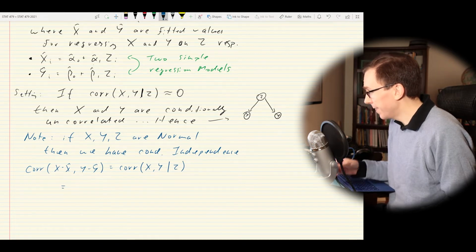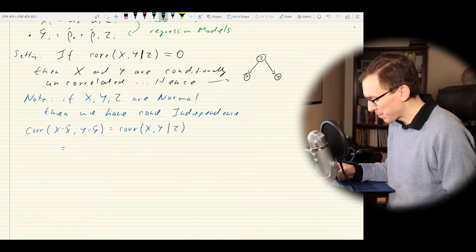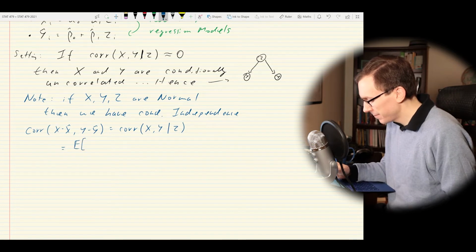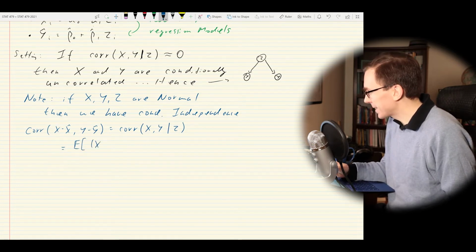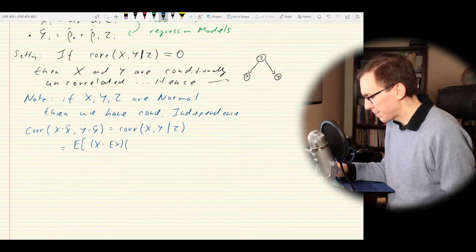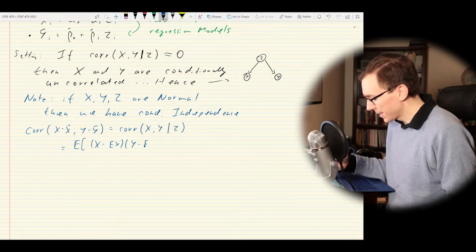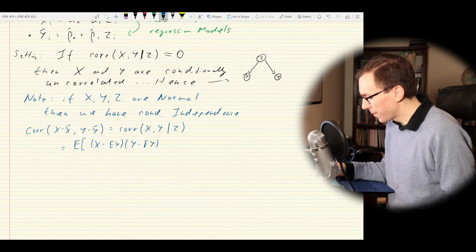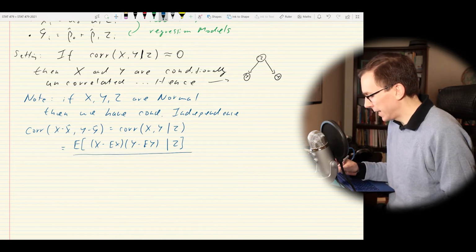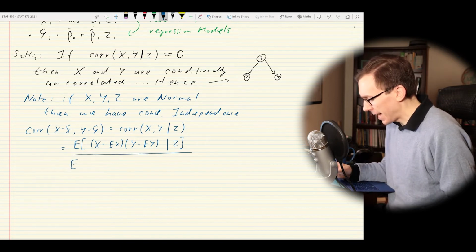And we can actually write this as some big expression, which is the expected value of x minus its expectation, y minus the expectation of y. That looks a lot like the covariance, but we're going to condition on the random variable z. And then in the denominator, we have the exact same thing.